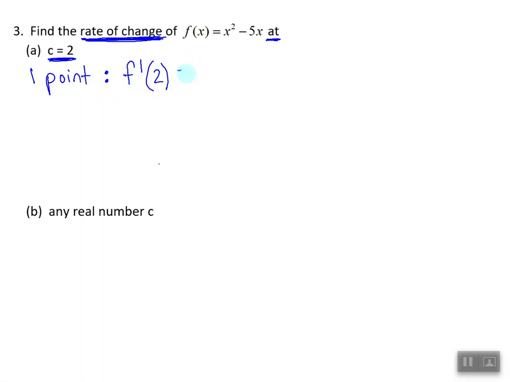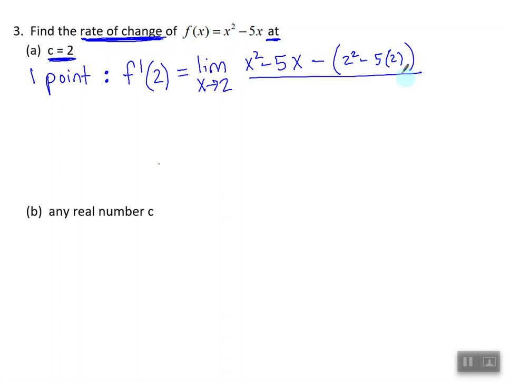f prime at 2 is going to be the limit as x approaches 2 of our function x squared minus 5x minus our function with the x value 2 plugged in, so 2 squared minus 5 times 2, over x minus 2.